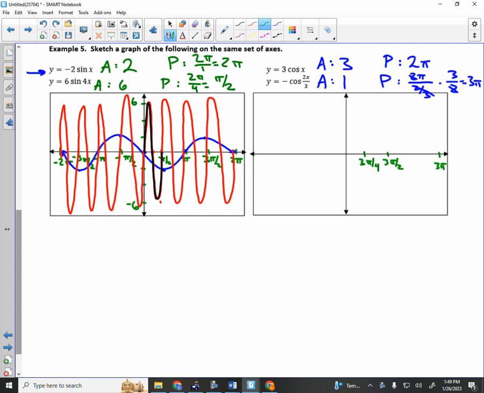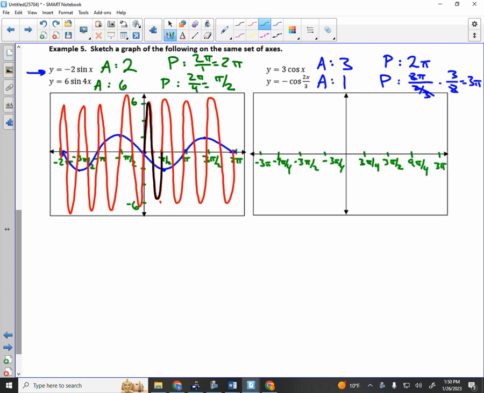The third tick mark will always be 3 times the first tick mark. So what is the third tick mark? 9 pi over 4. Negative 3 pi, negative 3 pi over 2, negative 3 pi over 4, and negative 9 pi over 4.